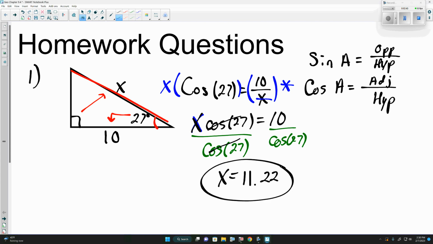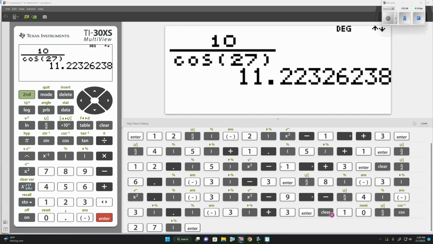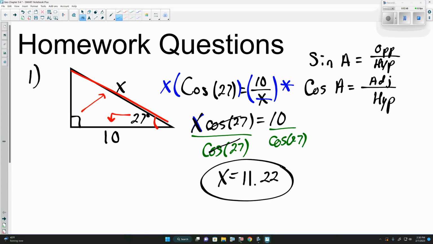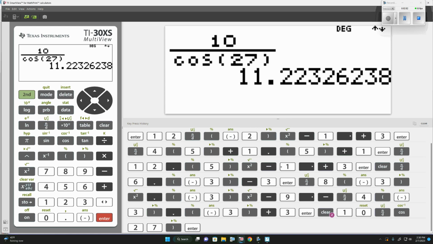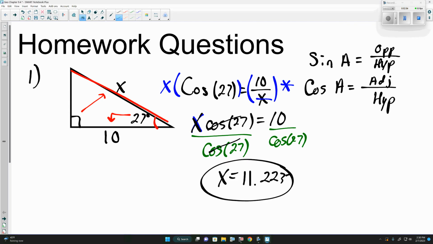Did I put 2 decimal places? It says 4 decimal places, fourth decimal, thank you. Yep, 11.2233.